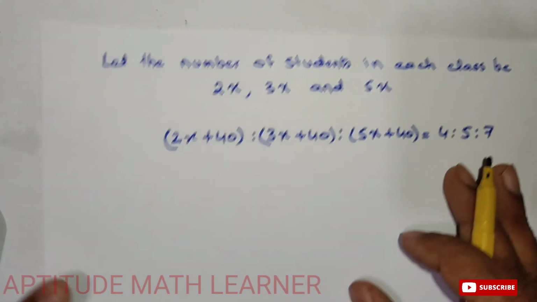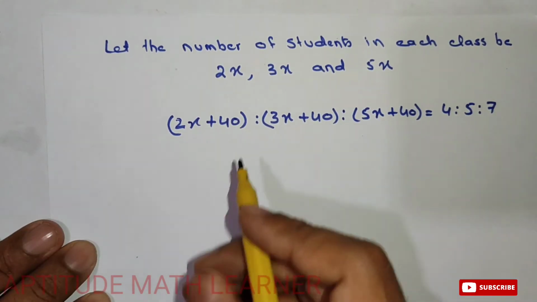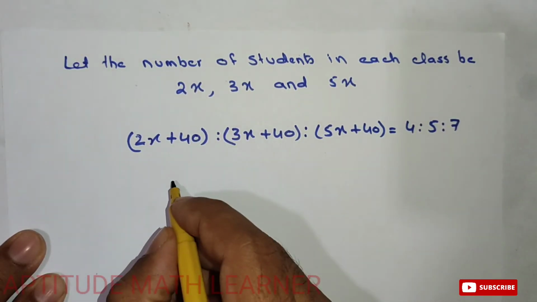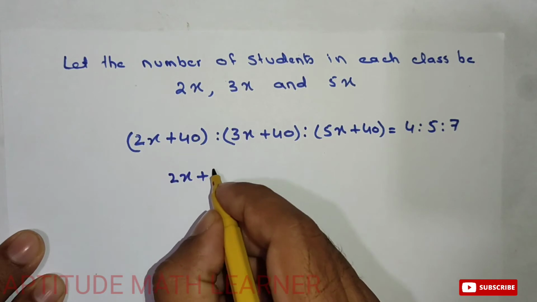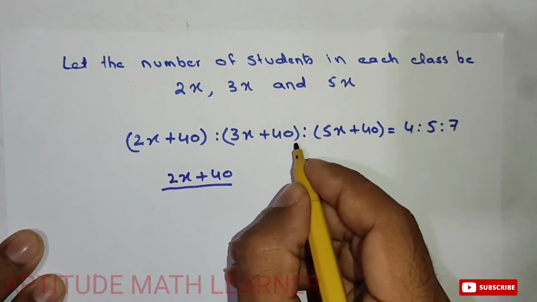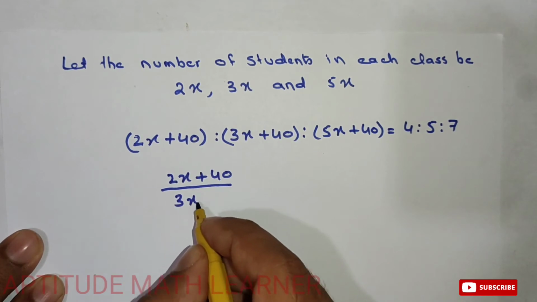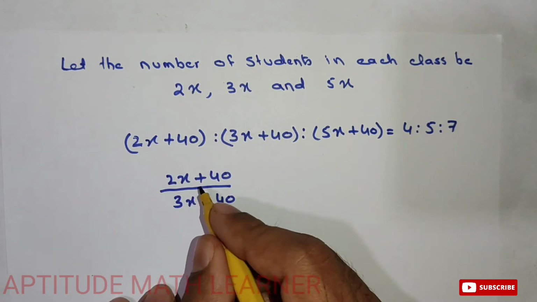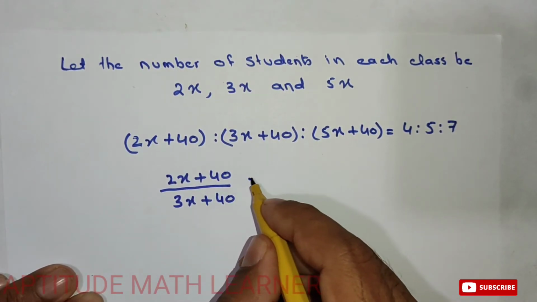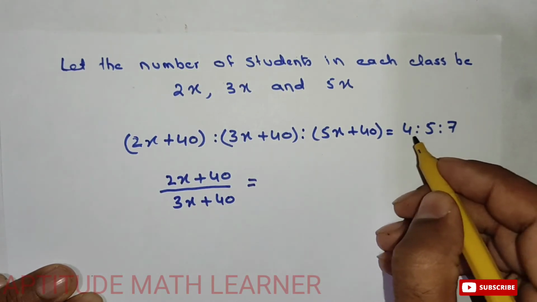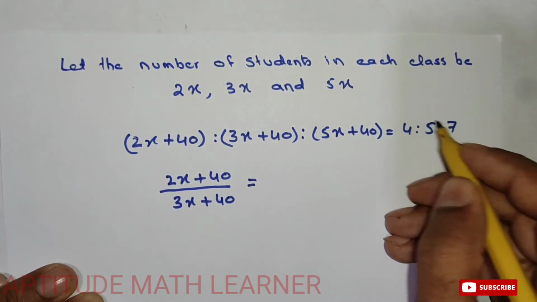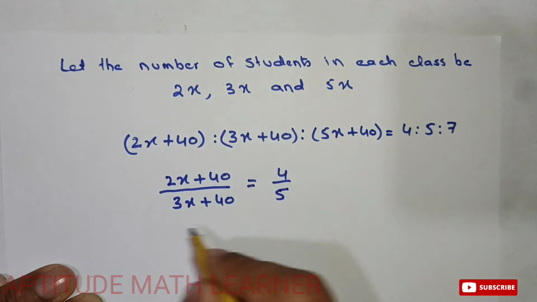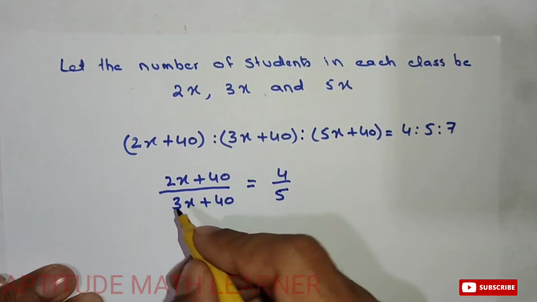So we take only the ratios of 2 classes, the first class divided by the second class, just to find the value of x, and this is equal to the new ratio 4:5.